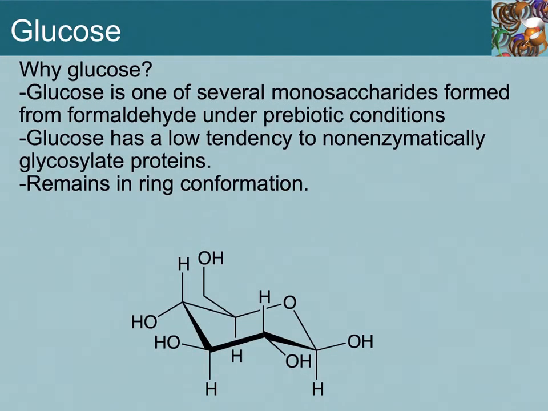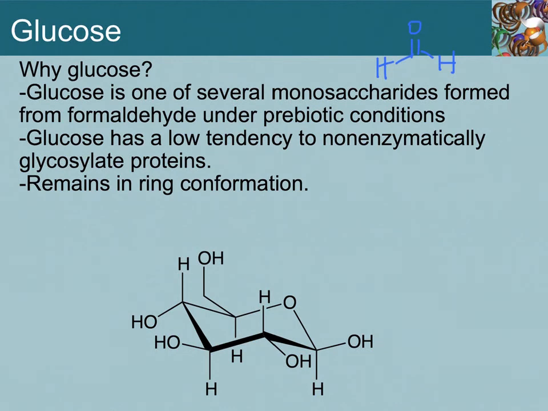So why glucose? Now glucose is used as a prominent fuel instead of other monosaccharides for 3 main reasons. First, glucose is one of several monosaccharides formed from formaldehyde. Here's the structure of formaldehyde. And so, under prebiotic conditions, this glucose may have been available as a fuel source in primitive biochemical systems.